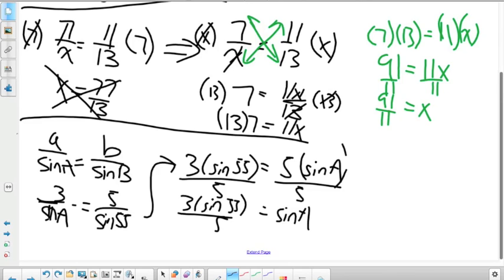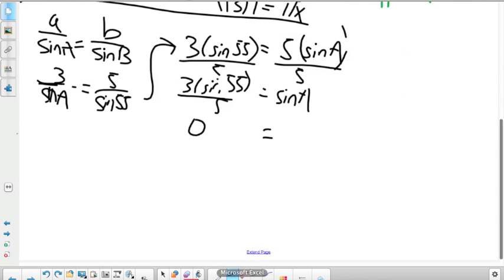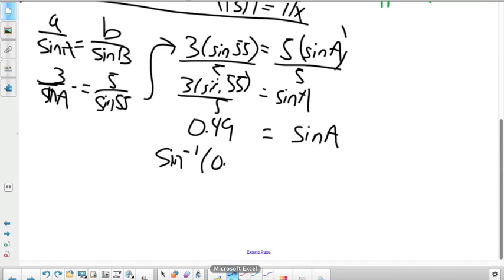Calculate what that number is: 0.49 is equal to sine of A. Now we want A, so which function do we use? Inverse sine, right? So inverse sine of 0.49 is equal to A.